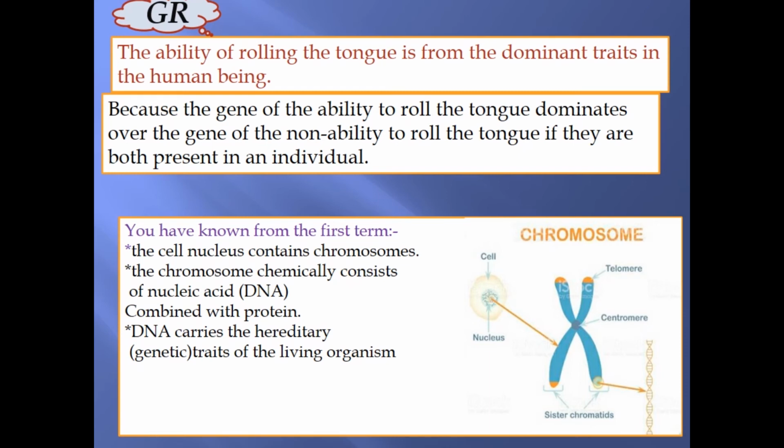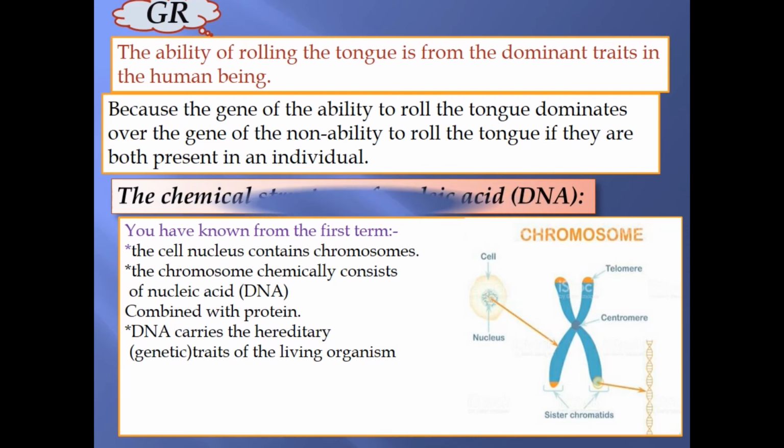Now, we will study the chemical structure of nucleic acid, the DNA inside your body. As you studied in the first term, the nucleus contains chromosomes. Each chromosome chemically consists of nucleic acid, DNA, combined with protein.